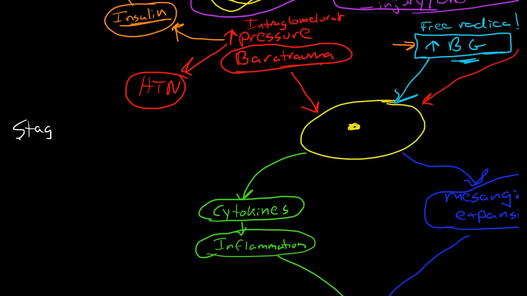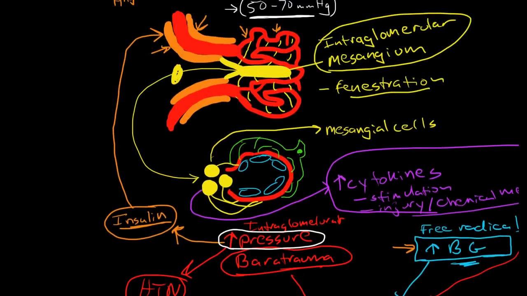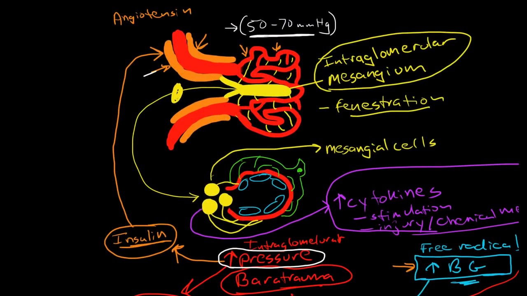So the first stage is actually a stage with increased glomerular filtration rate. So why does this happen? Well, we have increased pressures here due to the insulin and other hormones and cytokines causing efferent arteriole vasoconstriction.